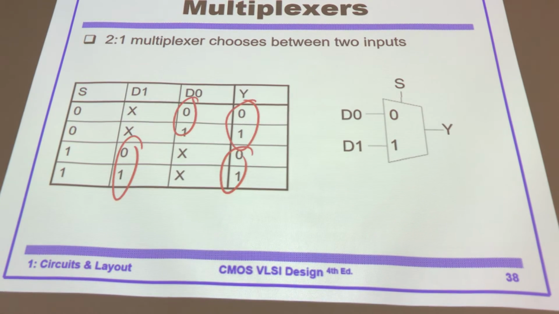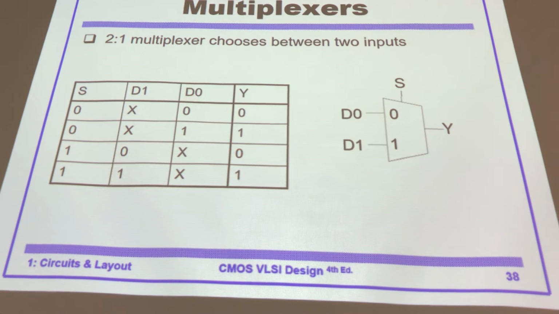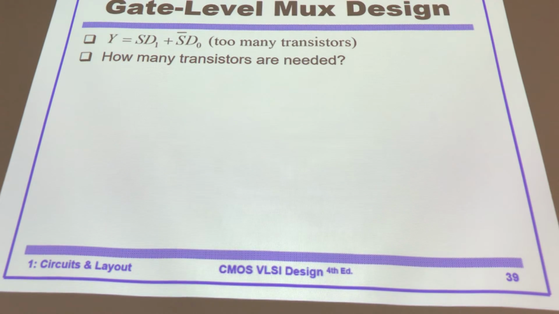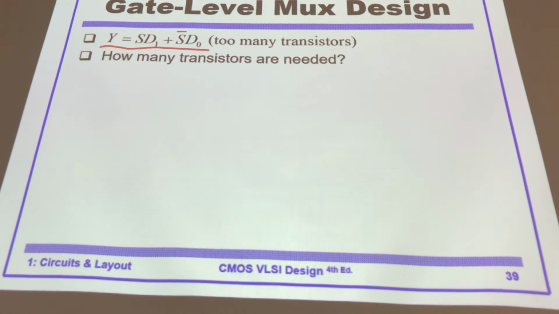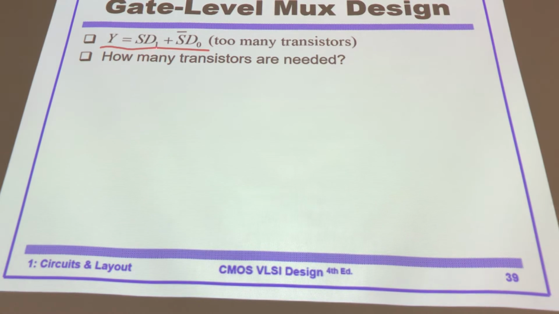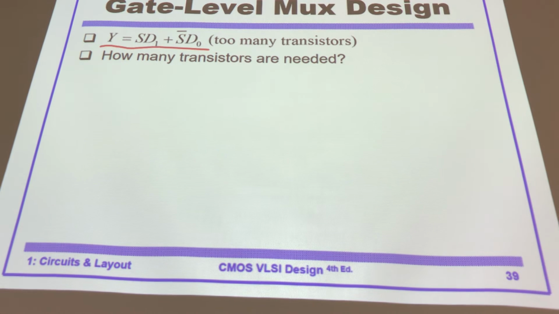First of all, let's try to give the Boolean function. Okay, this is the Boolean function. Can you see that? Simply looking at the function, you should be able to tell this is a 2-to-1 multiplexer. Why?